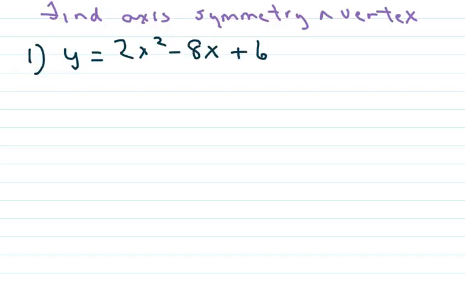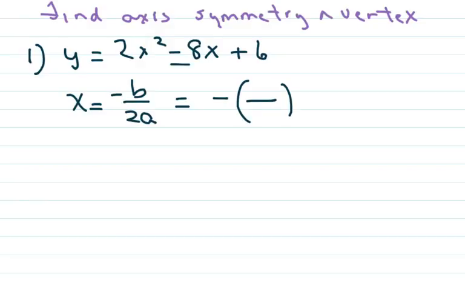So my axis of symmetry is going to be x equals negative b over 2a. So I'm going to plug in negative, my b is negative 8, and then I write down 2, my a is 2. If you want, you can write this down: a equals 2, b equals negative 8, and c equals 6.